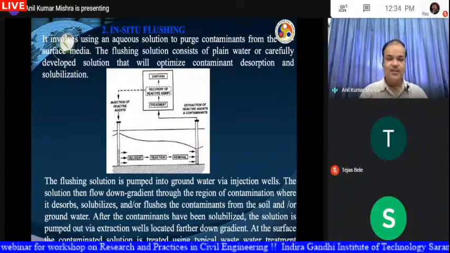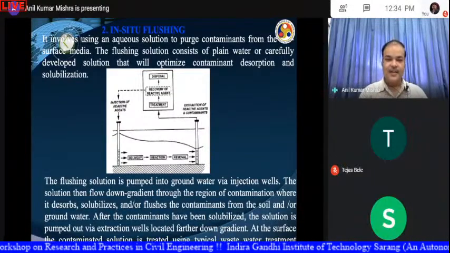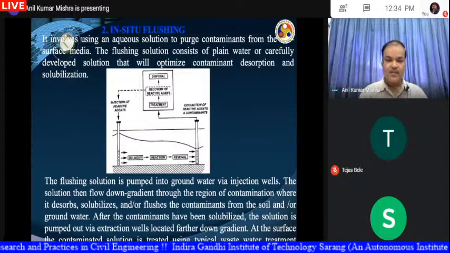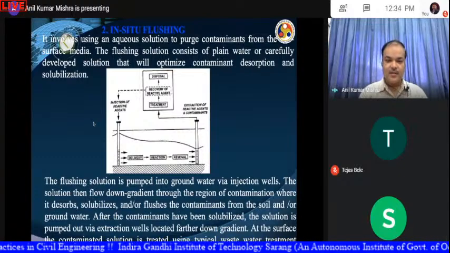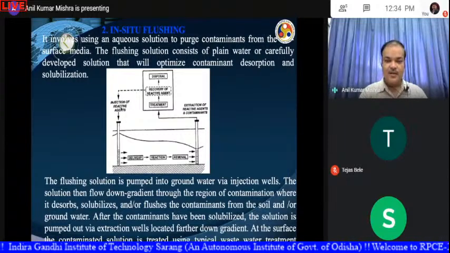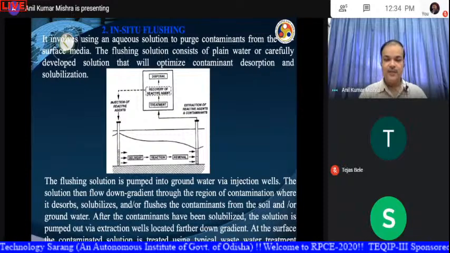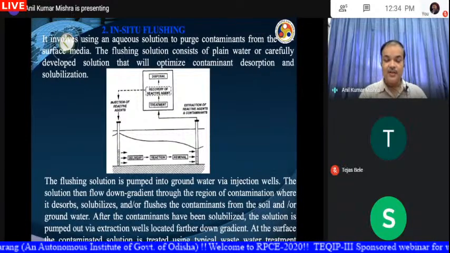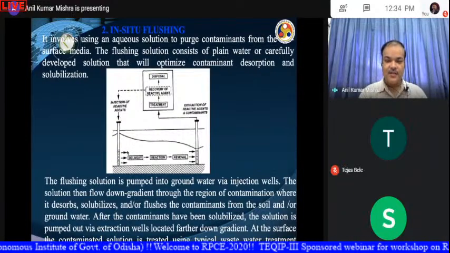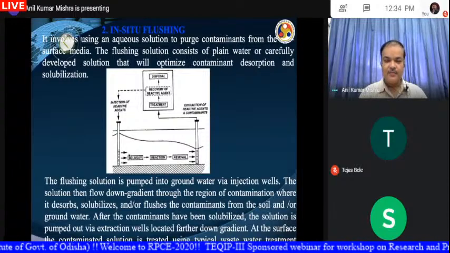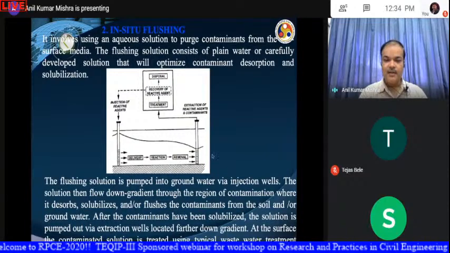Next is in situ flushing. In this technique, some wells are used for injection, and through the injection well some reagent will be injected into the soil and the water. These injected chemicals will react with the contaminants and they will get removed.